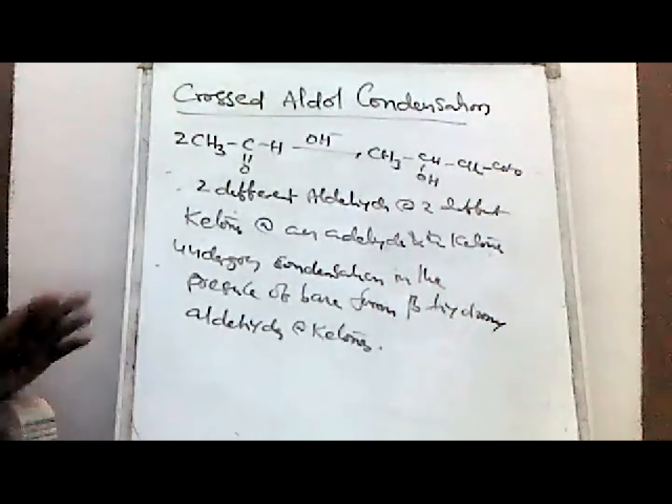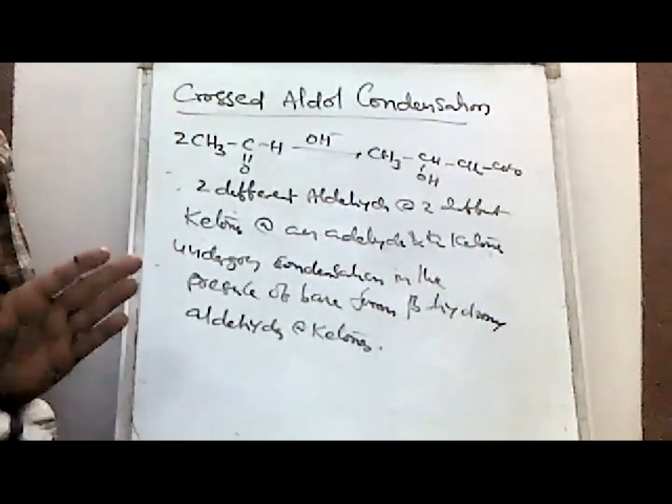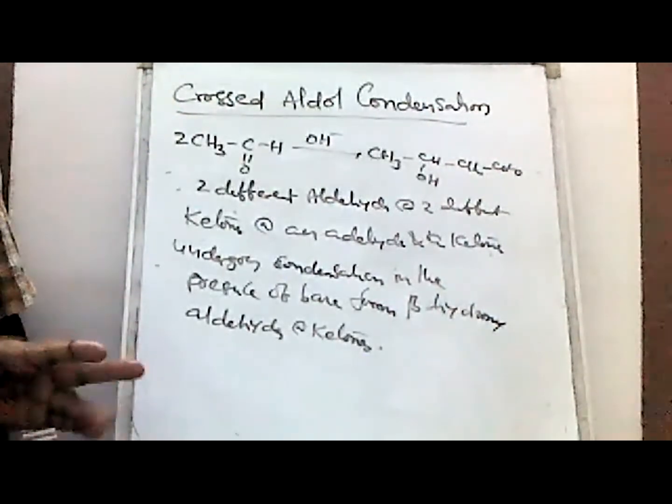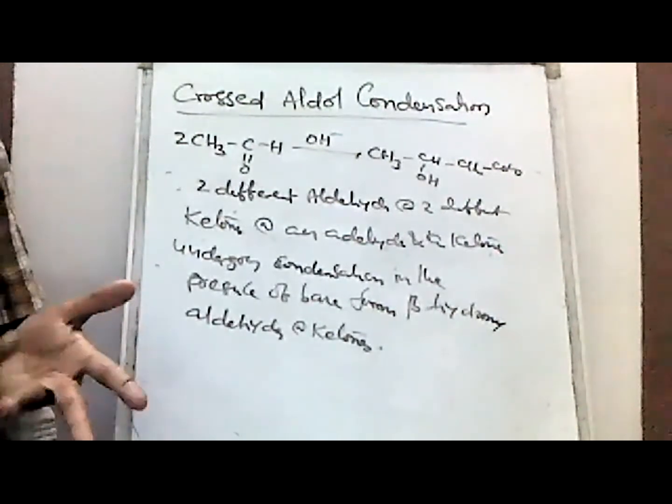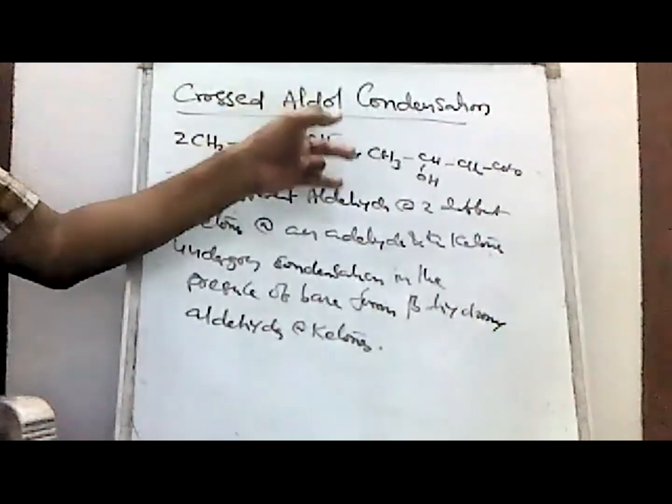The basic difference between aldol and crossed aldol is that in aldol, both aldehydes are the same. Two aldehyde molecules or two ketones participate.